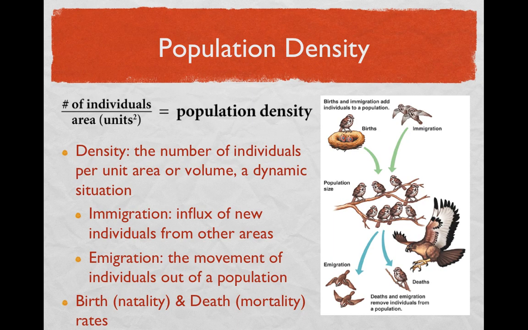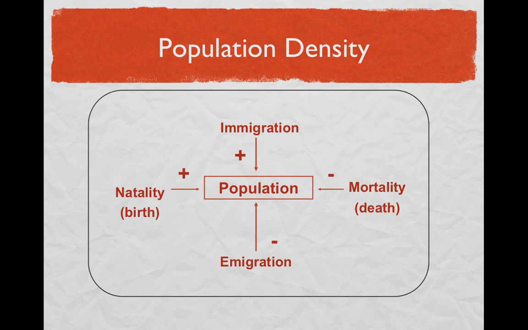All right. That's sort of fluxing in, and then the movement out, you've got your death or your mortality rates, as well as your emigration, where those individuals are moving out of the population. So if we take a look at a really basic idea, immigration is going to add individuals, the natality, that birth rate, is going to add individuals, while your mortality rate and your emigration rates are going to remove them. So it's a flux.